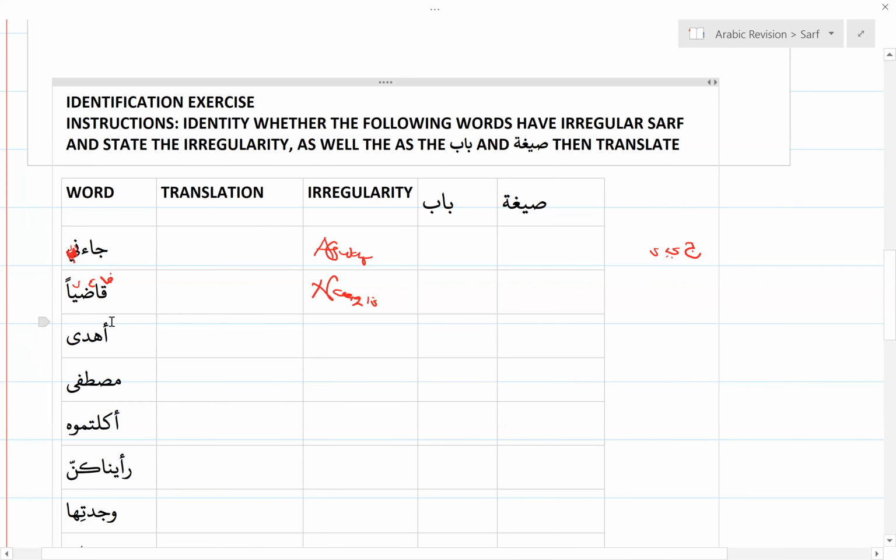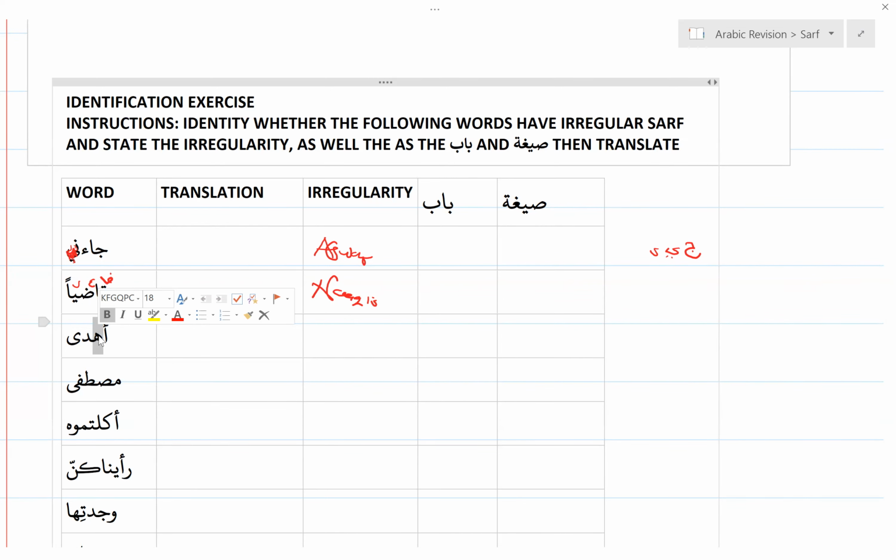So we say maybe it's ism tafdil. Okay, so I look at it. I ask myself, okay, there's a hamza here, but is it the fa letter? It's not the fa letter. Okay, so this hamza is part of the container. Then I look at the ha, I know this is my fa letter. It's not a hamza, it's not a waw, it's not a ya. So it's not mahmuz al-fa, it's not mithal.